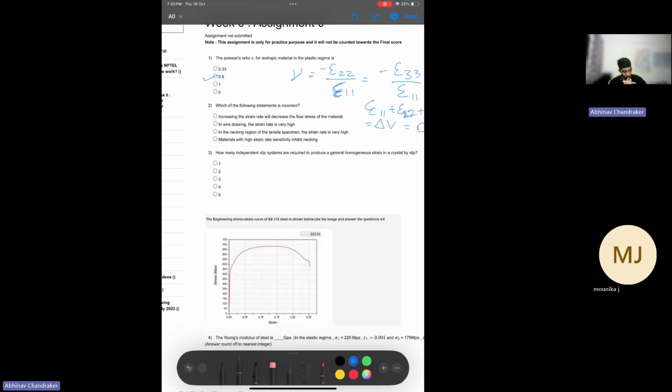It's incorrect, yes, because increasing strain rate means that you need to apply higher stress so that your dislocations or other mechanisms involved can kick in to produce the strain that is required.